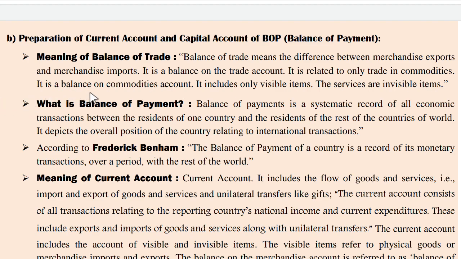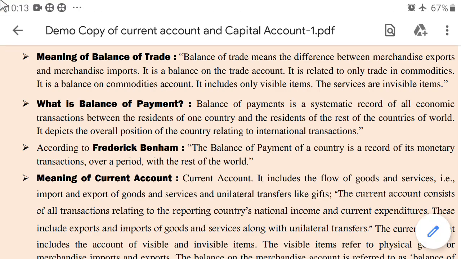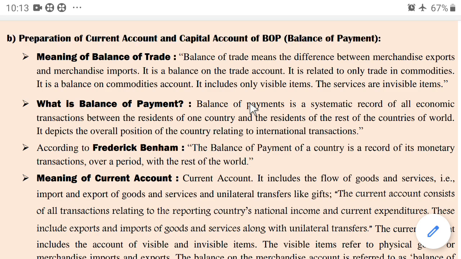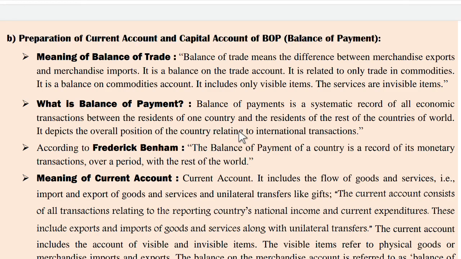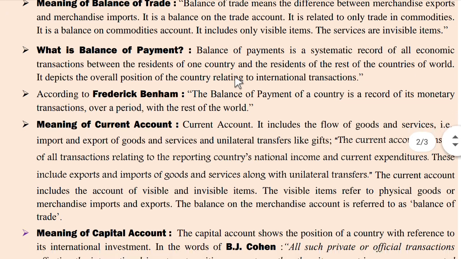It is a balance on the commodities account. It includes only visible items. The services are invisible items. Got it? It means the goods are visible items and the services are invisible items. Okay, this is one thing.